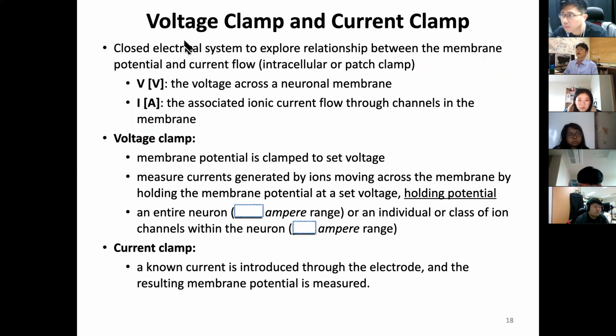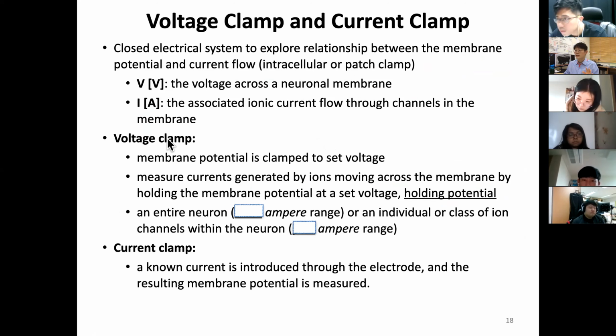Let's get into more. So voltage clamp and current clamp is a closed electrical system to explore the relationship between the membrane potential and current flow. You can use it in intracellular recording or even patch clamp. So the voltage is across the neuronal membrane, and the current is the associated ionic current through the channels in the membrane.